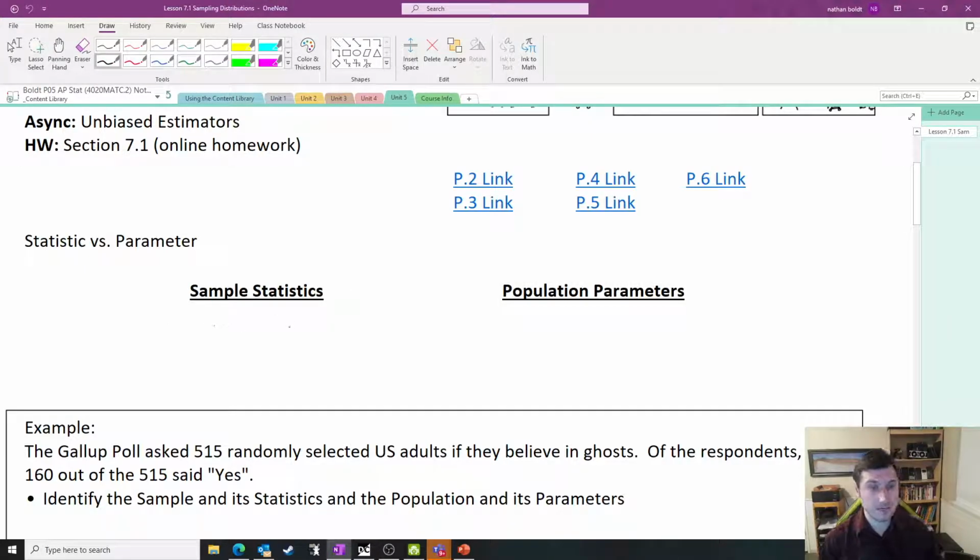Oftentimes the statistics we look at are the mean. When we talk about these, we use English letters, so that is X bar. If we're talking about the mean of a population, that's where we use the Greek, so that's mu.